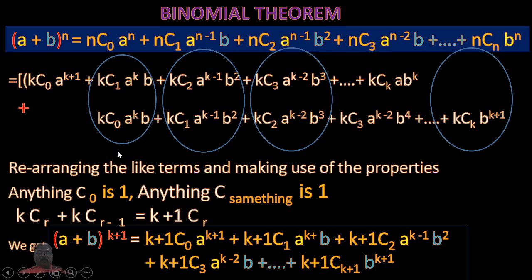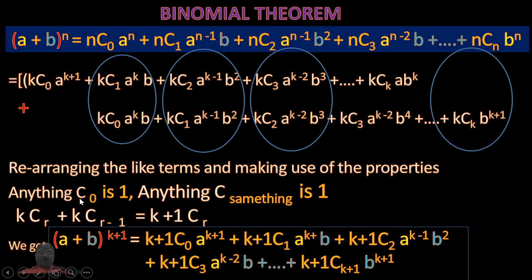And we have discussed that kCr + kC(r-1) is (k+1)Cr. There is a property like that. And in Pascal's triangle we know that anything C0 is 1. We can see in Pascal's triangle the left side slope was full of 1s only, got by 0C0, 1C0, 2C0, 3C0, like that.